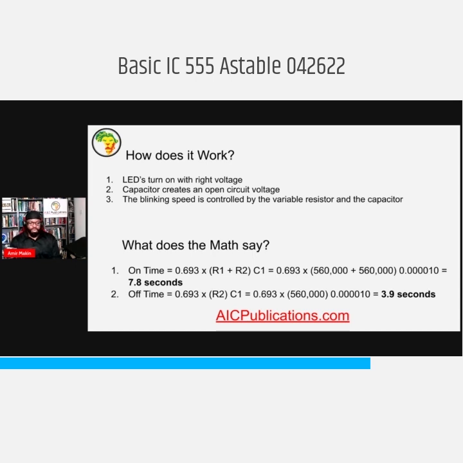Now, in a perfect world, we could hook a timer to the actual circuit and get it down to the millisecond and microsecond, and we would get these a little bit closer. But this works, so we can see that our math is correct, and it validates the design and the functionality of this integrated circuit.